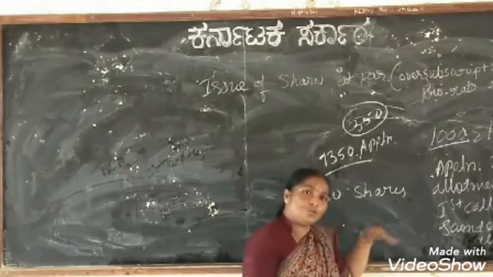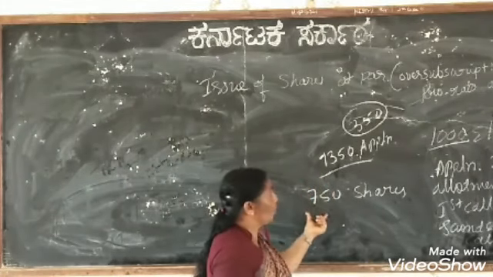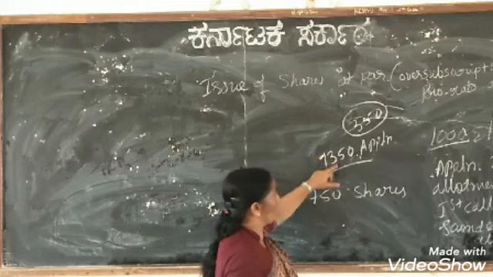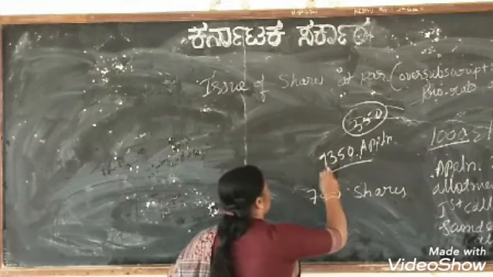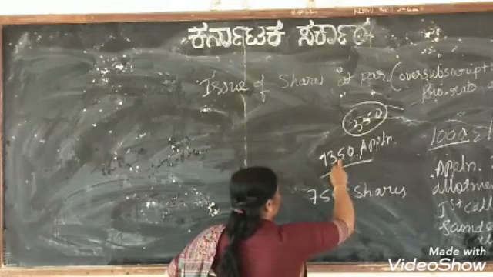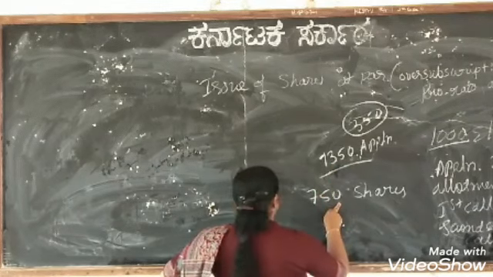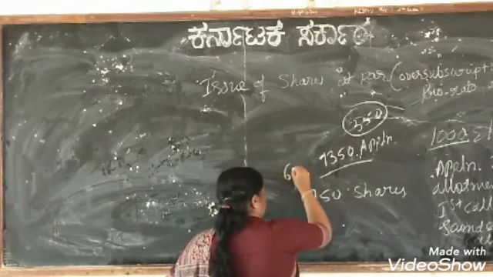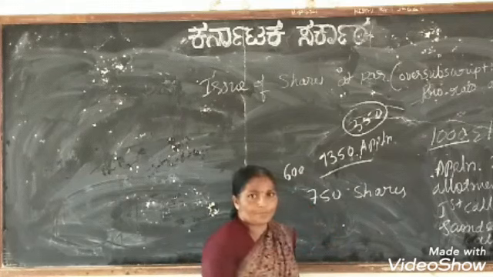were issued in full. How many is remaining now? According to the application received, how much is remaining there? 1,350 minus 750 comes to 600.